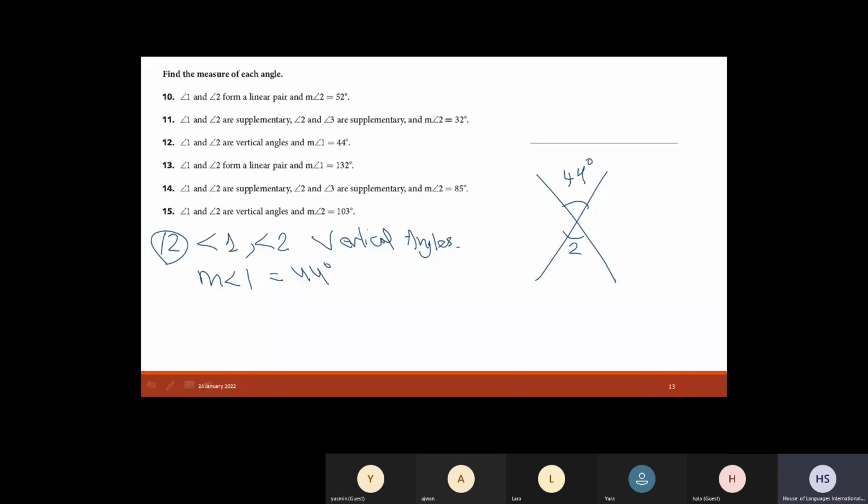So if this is 44, what will angle 2 be? 44. Is it clear? So what's the measure of angle 2? 44. Bravo.